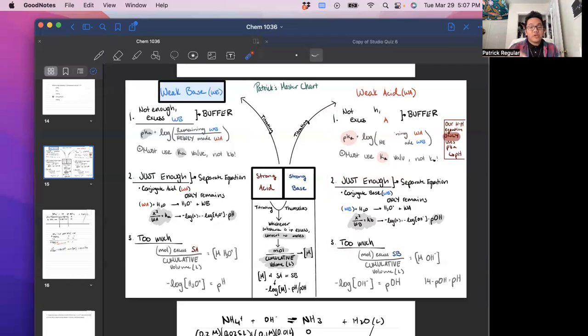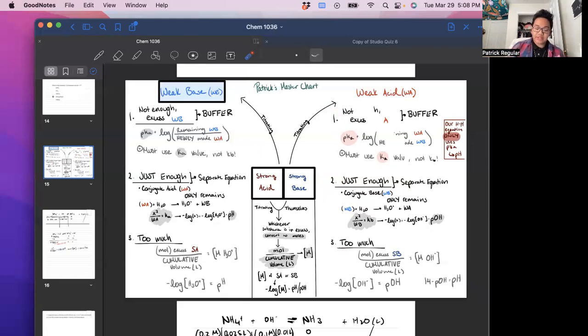Or they might even trip you up. If you're looking at a weak acid, as we'll see later, you'll get a pOH, but they might ask for pH.